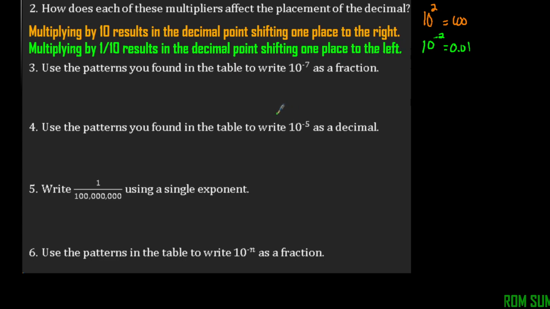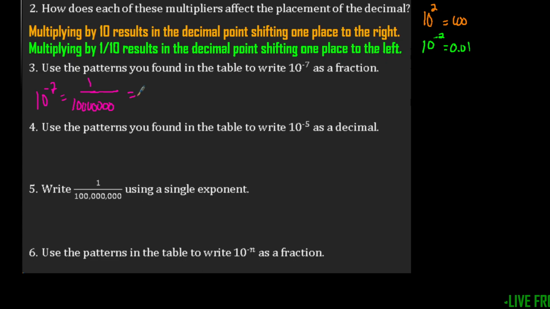And for number 3, it says use the patterns you found in the table to write 10 to the negative 7 as a fraction. So what I could do is I could write it like this. I can say I have 10 to negative 7 is equal to 1 over, and then I have 7 zeros, 1, 2, 3, 4, 5, 6, 7. So I have to have 7 zeros in my denominator.